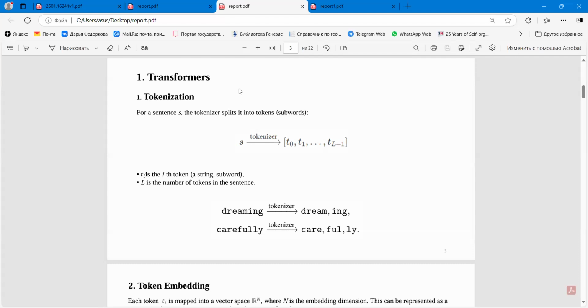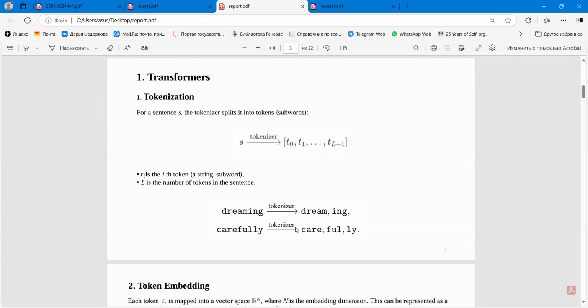So the first step is tokenization. For a machine to understand human language, we have to transform a sentence into numbers. Simply speaking, a token is a subword. So for a sentence S, the tokenizer splits it into tokens.